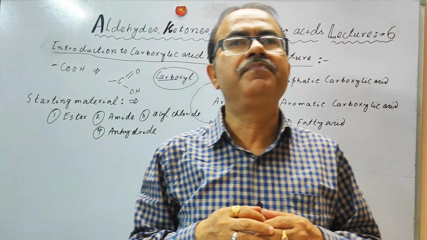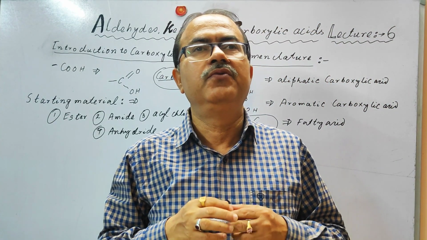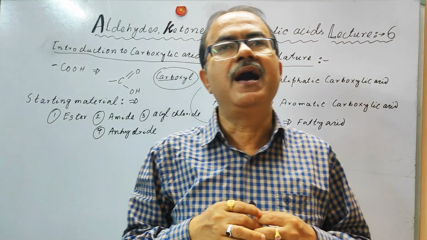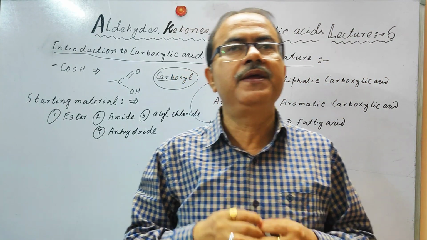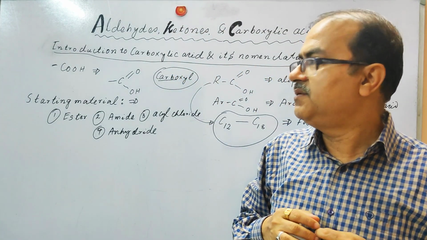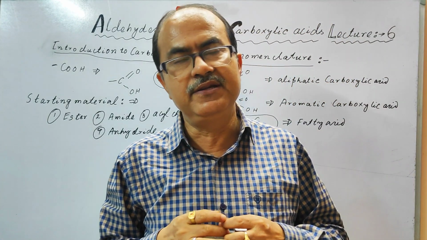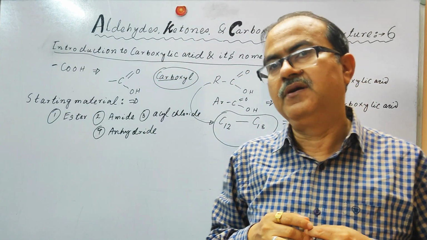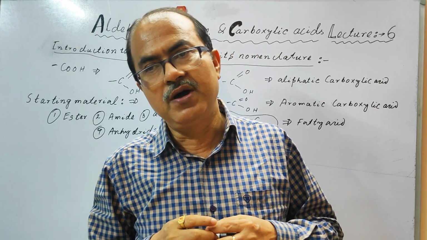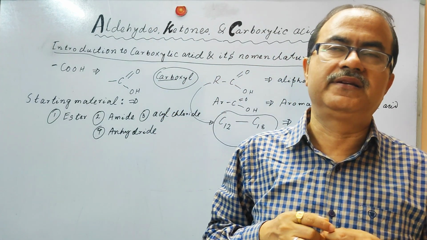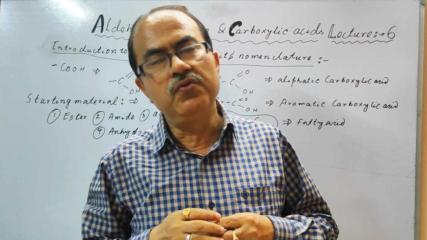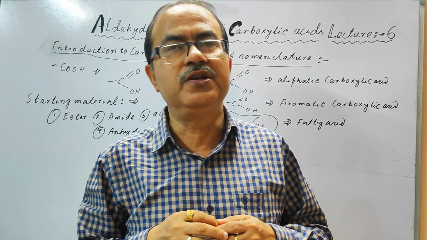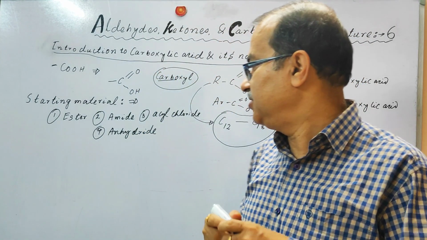When there is an aryl group, we will call it an aromatic carboxylic acid, and it has widespread applications that we have observed. It is used as a starting material for different compounds, that is amides, esters, acyl chlorides and anhydrides, etc. Now we are going to discuss another very important thing of your syllabus, that is its nomenclature.